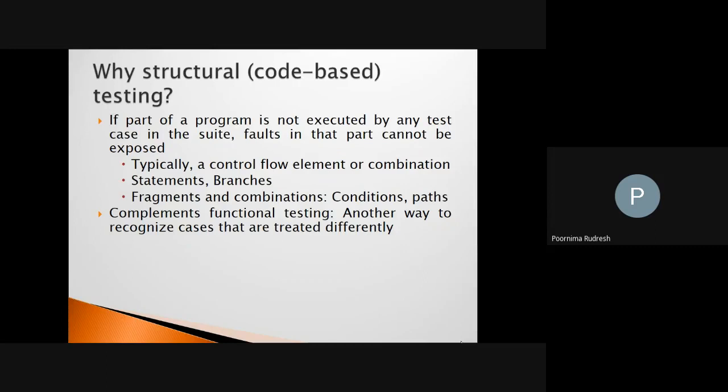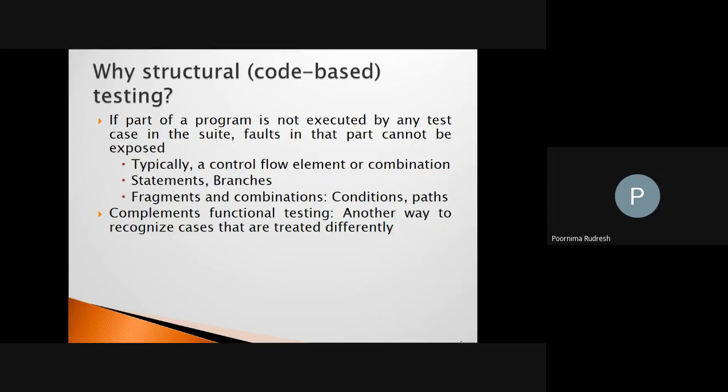Understood? The program consists of a number of statements, branch statements or control flow statements, and there we are also using different conditions and paths. If one of the conditions or paths or one of the statements is not executed by any test case in the test suite, then we cannot assure that the faults in the program are exposed.